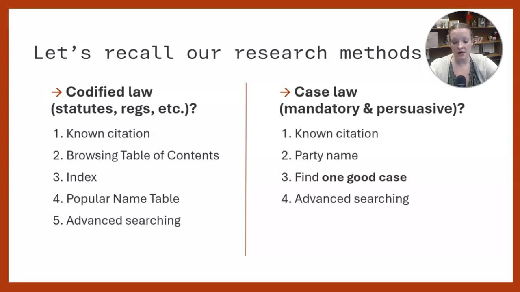That can cost you some time, right? So browsing is not necessarily the most efficient way, but sometimes it may be helpful if you really have no idea where to start, you don't have any keywords or phrases that you know to look for. You can browse through the table of contents, at least find the relevant area of law, and then go from there.